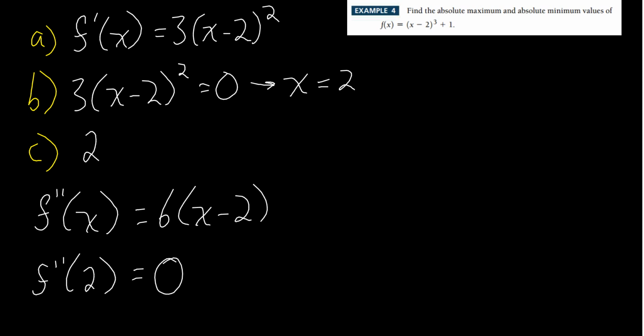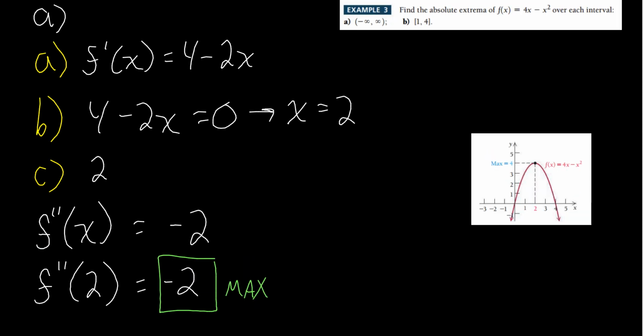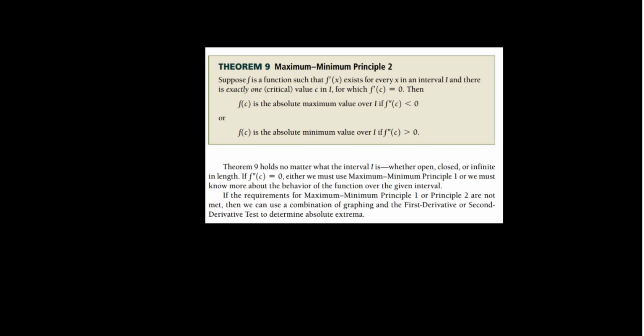Okay, so we have a little bit of an issue. This is something we haven't run into before, but let's go back and look at some definitions. What we did was plug our critical point into our second derivative. Notice the first part of the theorem: we have an absolute maximum if the second derivative at my critical point is less than 0.